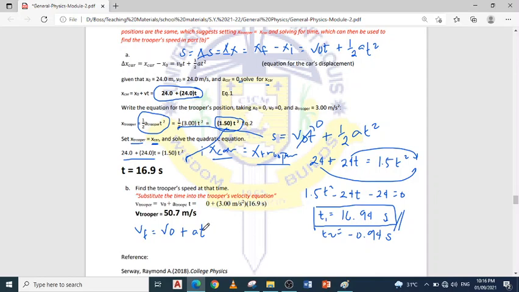Our first formula, since the time, the acceleration, and the initial velocity are given, which is 0. So Vf is equal to 0 plus acceleration 3, and then our time is this one.